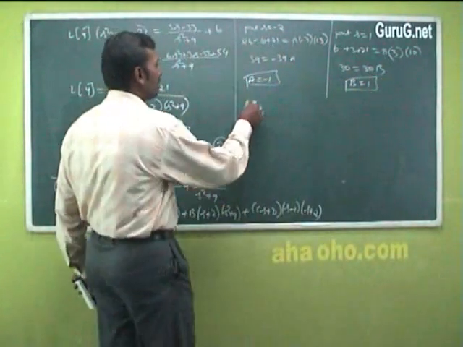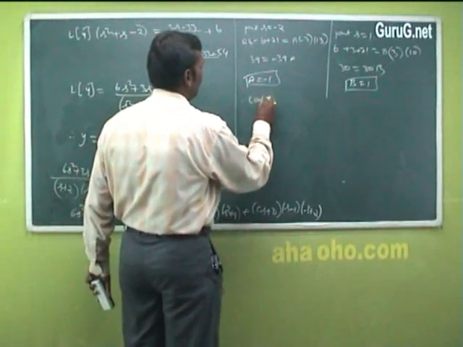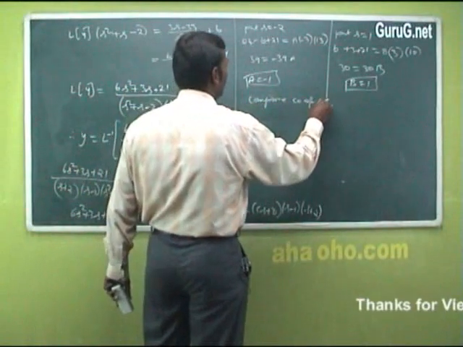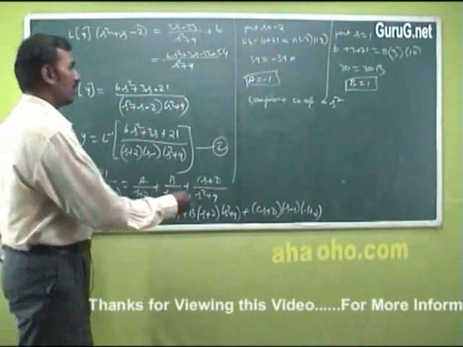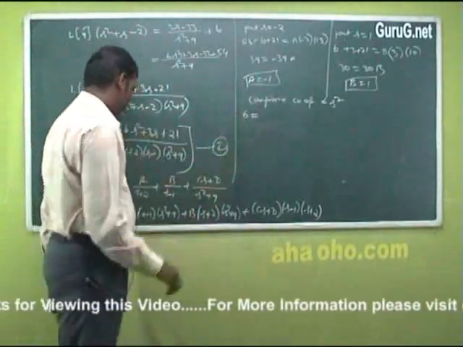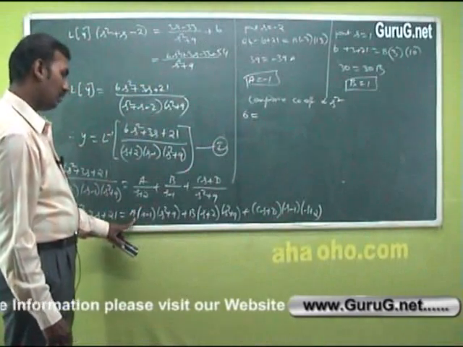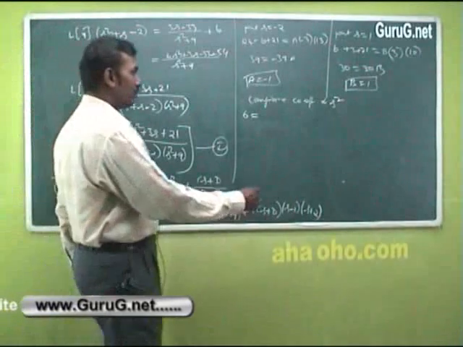So put s equal to 0, or compare the coefficient of s squared. So compare the coefficient of s squared. Then 6 equal to, what comes in the s squared term? Shall we put s cube? I think putting s cube will give it simply.